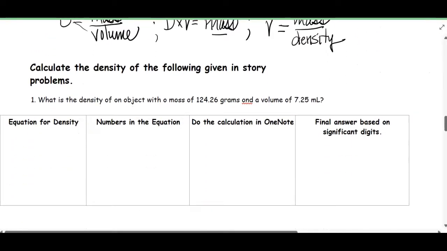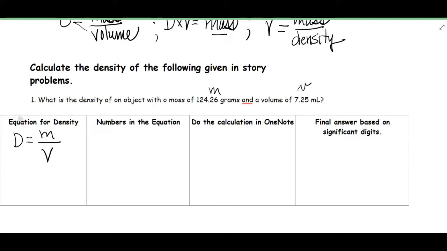Now, we have to be systematic about calculations in science. We don't throw numbers around on the page. So what is the density of an object with a mass of this, and a volume of 7.25 mL? The equation for density is mass over volume.